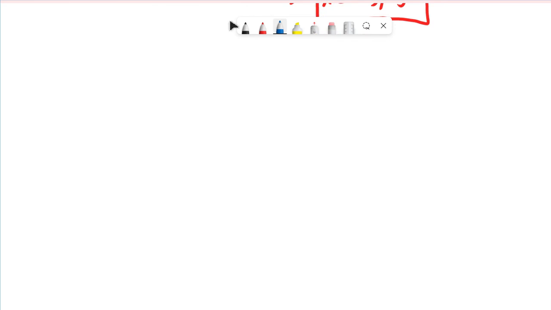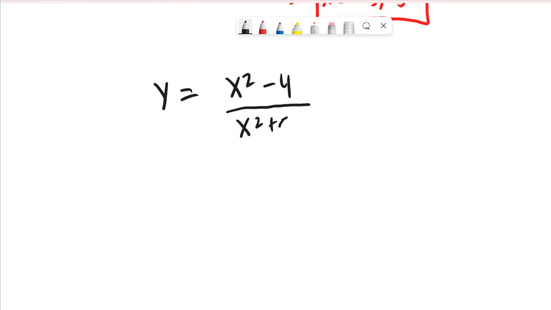Now, you also talked about rational functions, and really the only thing that we need to know about rational functions for the most part is their asymptotes. So, for example, if I have a function like y equals x squared minus 4 divided by maybe x squared plus 5x plus 6.